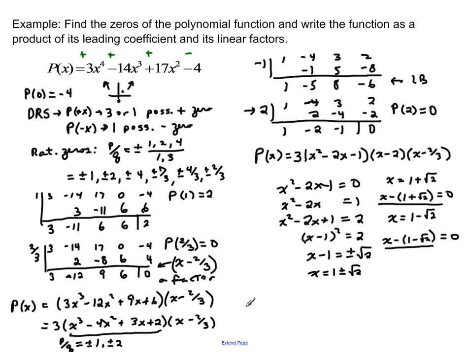So our linear factored form of p of x in this case is going to be 3, the leading coefficient, times x minus 1 plus the square root of 2, times x minus the quantity 1 minus the square root of 2, times x minus 2, times x minus 2/3.